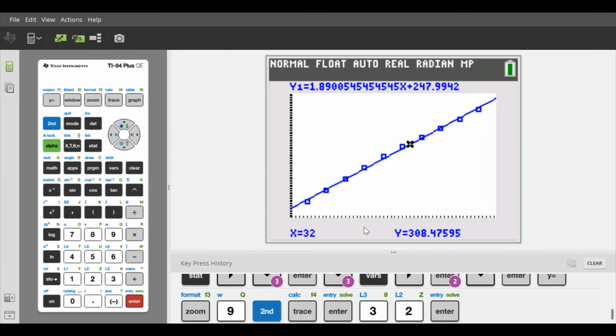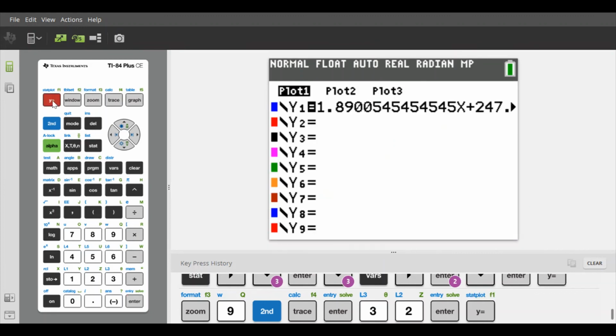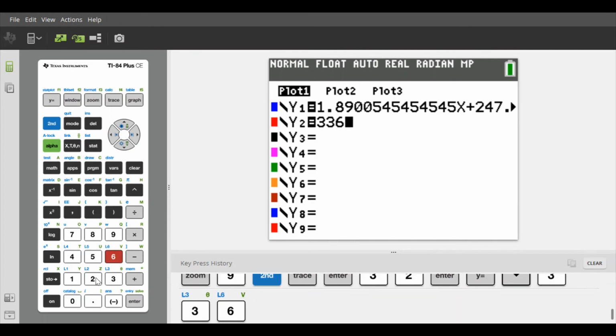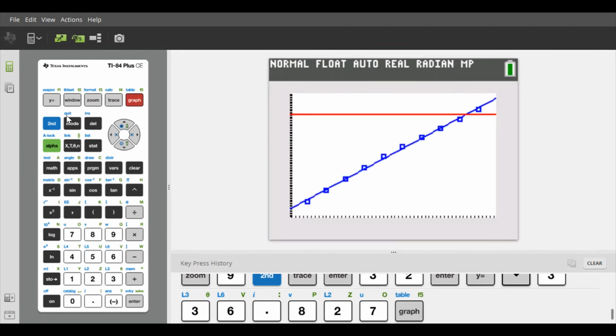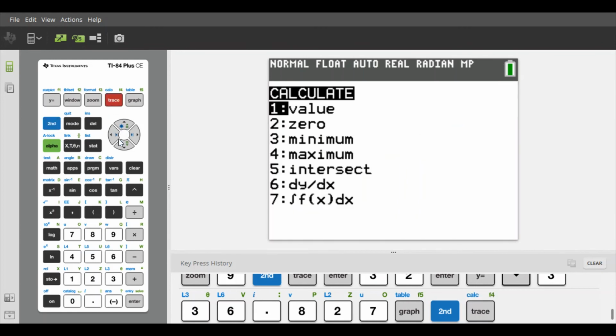And the last thing we wanted to find is in what year does the model predict the population will be 336.827 million. So in Y2 I'm going to put 336.827 million. Okay. So if I graph this, I can see where they intersect. I can do second calc, intersect, and it'll give me my answer.